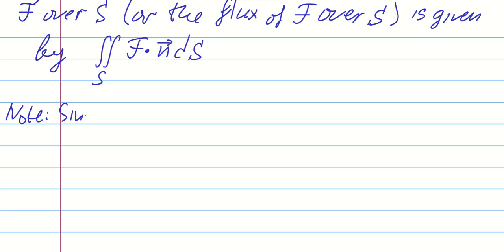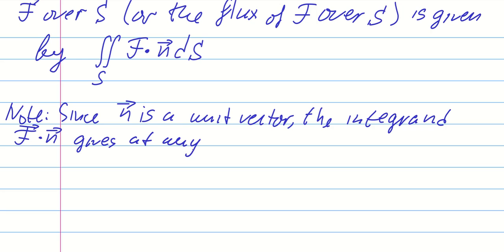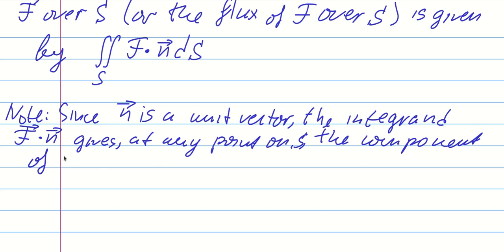Since n is a unit vector, the term inside of this integral, or the integrand, f dot n, gives at any point on S the component of f in the direction of n.